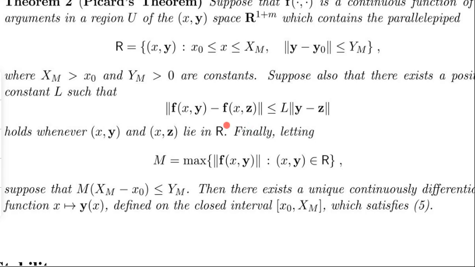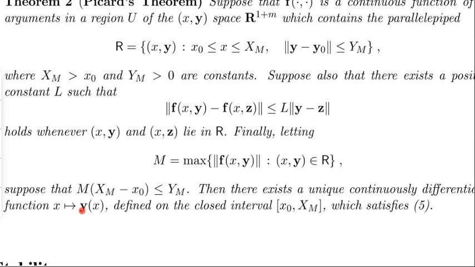This relation is a Lipschitz condition for the vector function f, and we will have this condition on our parallelepiped domain R for any x and y, and x and z in the domain R. Finally, let M be the maximum value of the norm of function f on the domain R, such that M times xm minus x0 is less than or equal to 1.